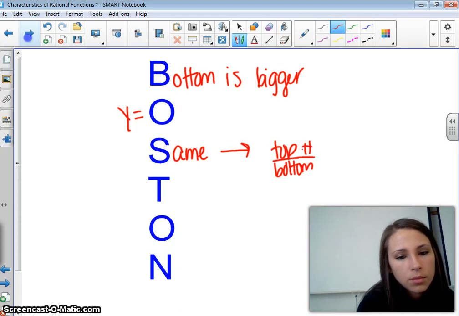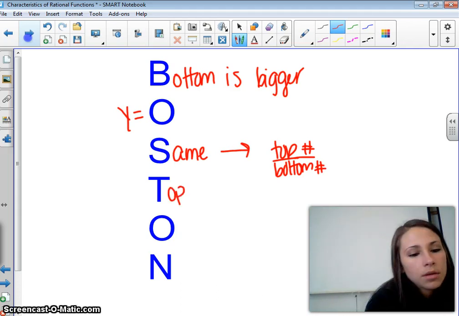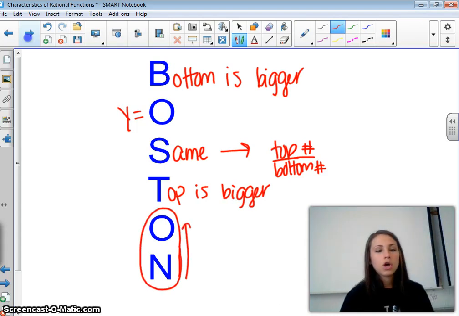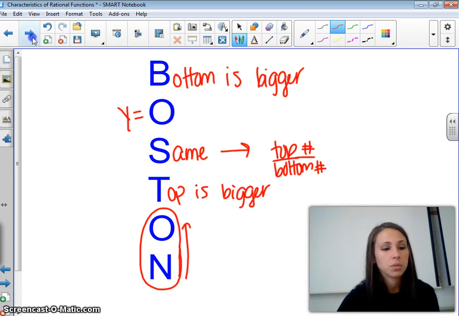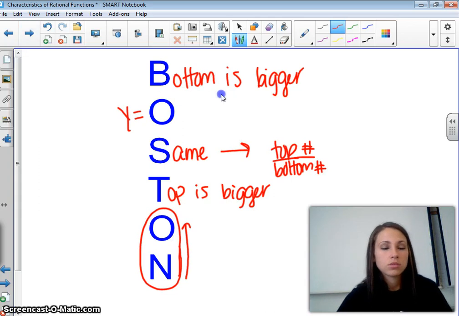So the top number divided by the bottom number, and we know that number is the leading coefficient. And then if the top is bigger, then you have no, it spells no if you go up this way, no horizontal asymptote. That's just how I remember that. If it helps, great. If it doesn't, just forget about it. But anyways, if you do bottom is bigger, y equals 0, it just sounds right.